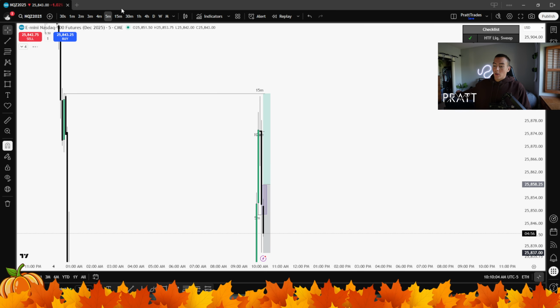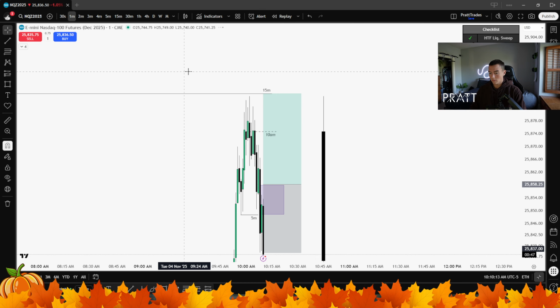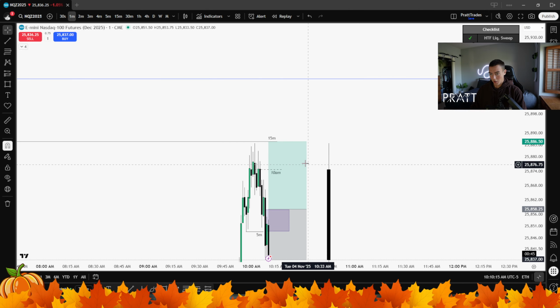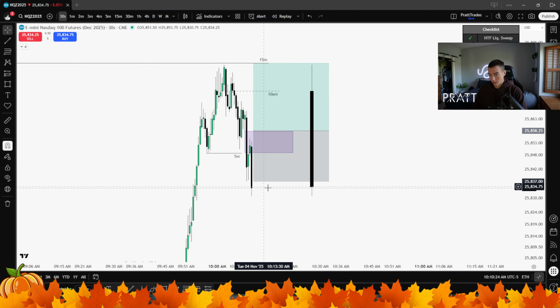The only thing I don't like would be the target higher, because it's just this unfilled 15 minute and then rebalancing this range, and we're already in such a premium, which we're dumping right now. So I don't even think we'll get an entry on this unless we somehow sweep this low.